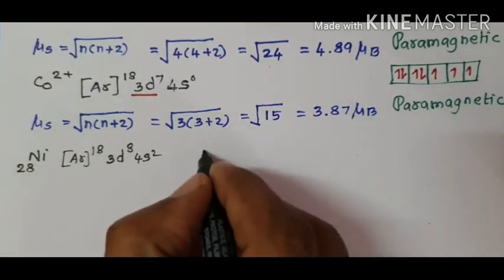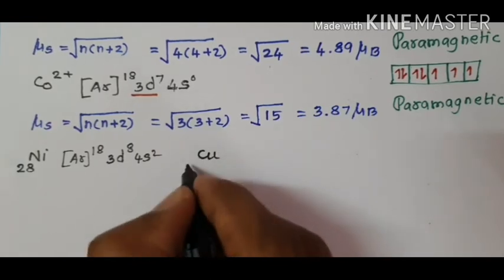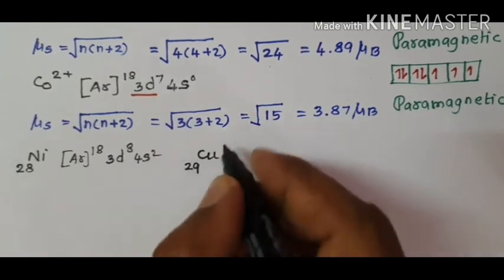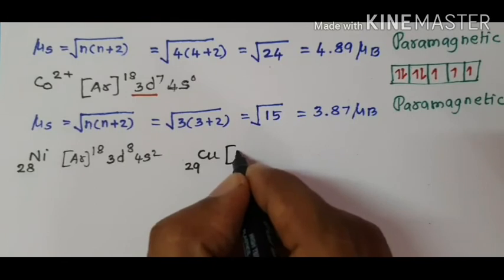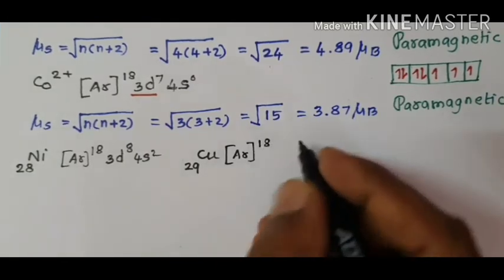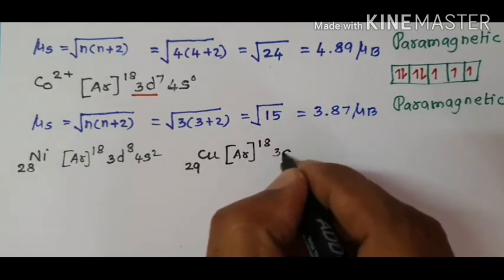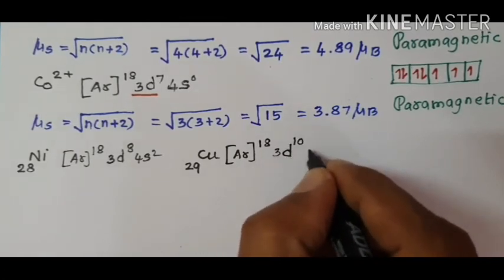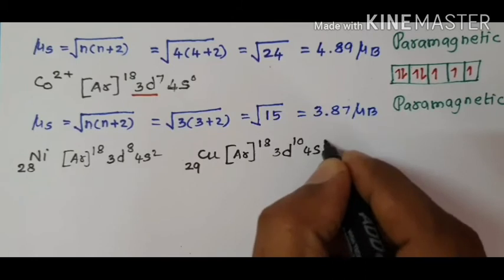Copper. The correct electronic configuration of copper, atomic number 29, is argon, atomic number 18, 3d10 and 4s1.